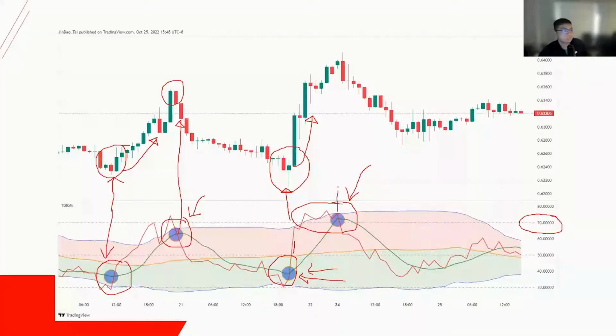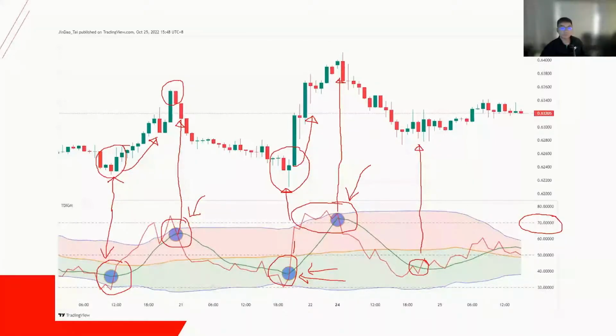So if you draw a line all the way up, you notice that the crossover happened. You guys can actually take a sell for the short term. Sell until, where do we close out the trade? Sell until price starts to cross over once again. So when price crosses the red line once again, you guys can close out the trade, use it as entry and exit points.